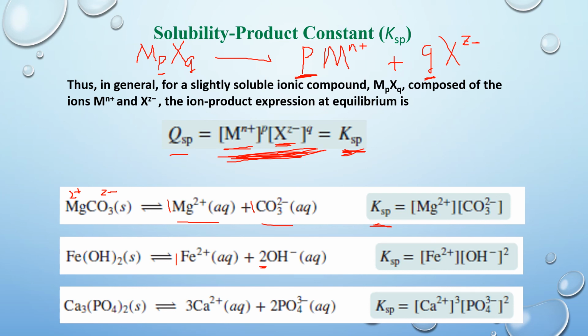And for calcium phosphate, when it dissolves, it gives you 3 calcium cations and 2 phosphate. So its Ksp value is going to be the concentration of calcium to the third times the concentration of phosphate squared.